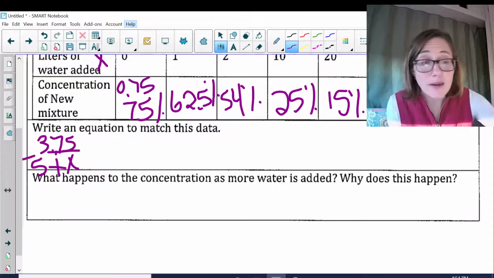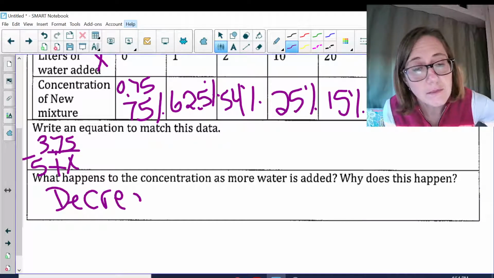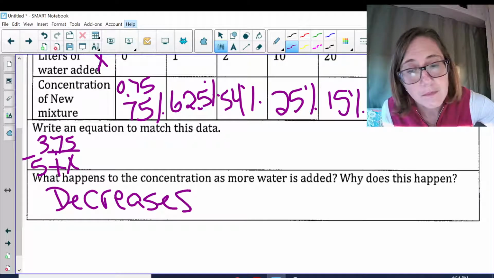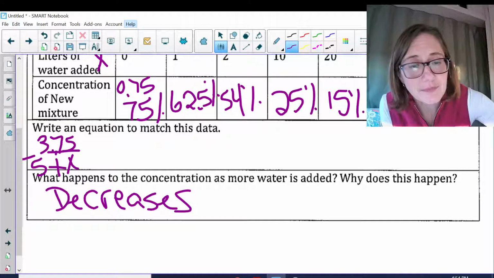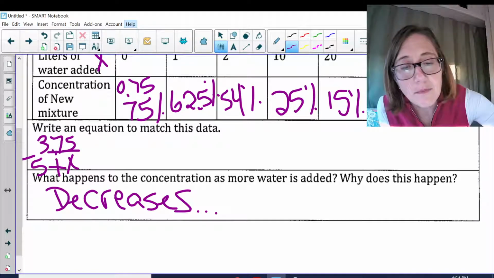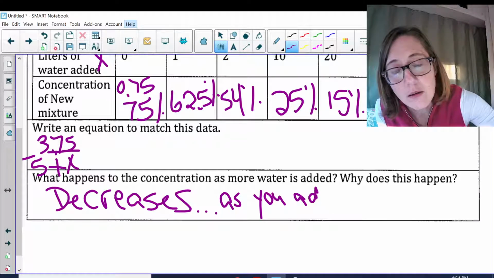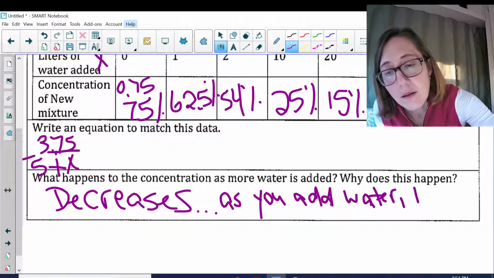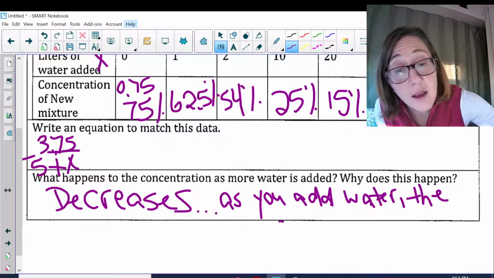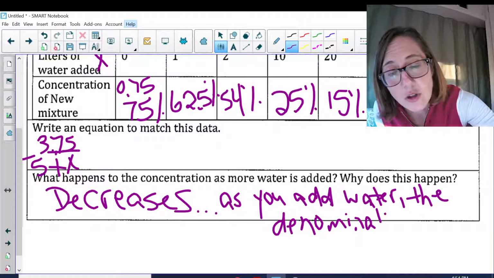It goes down, it decreases, because you're watering it down. As you add water, the denominator is larger. Denominator gets larger.